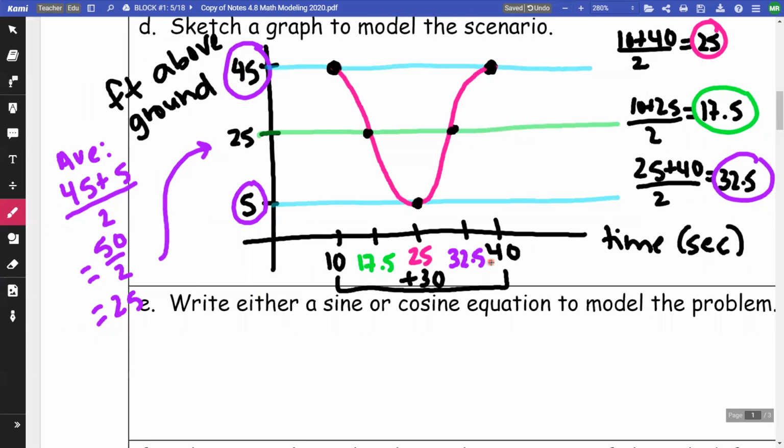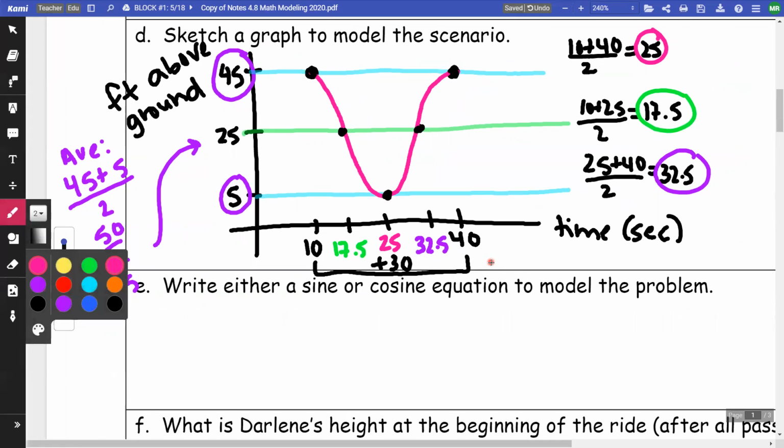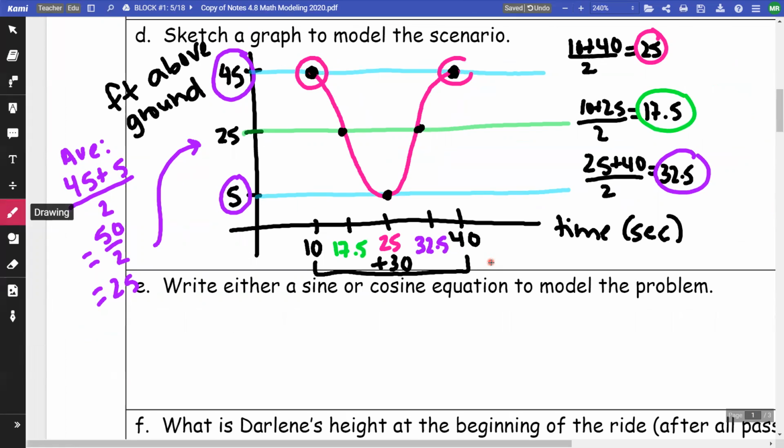So that's your graph. So now the next thing, we're going to want to write this as a sine or a cosine. Since I start at a high and I end at a high, I'm going to do cosine. So I'm going to have y equal, and I'm going to do cosine. I know my amplitude, we talked about that earlier.